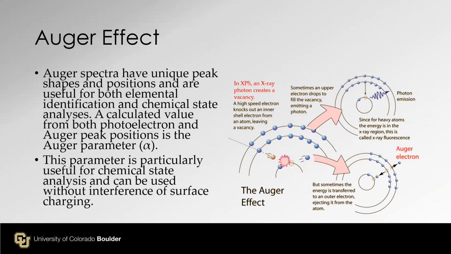One way to make it more stable is to fill this empty site by moving electrons in a higher energy state in, and then the energy difference is emitted as a photon.